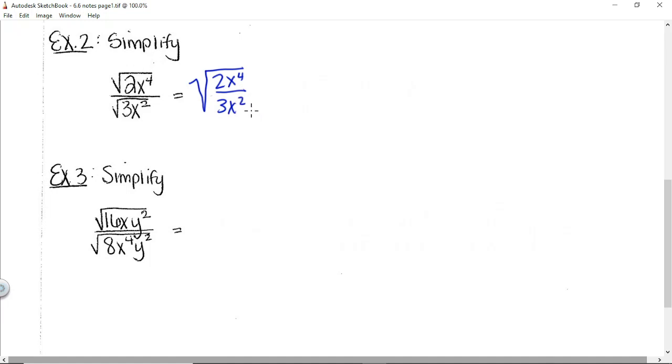And our new radical will have that number 2/3, and it will have x. We subtract exponents, we have x to the second power, right? And actually, I'm just going to rewrite that like this.